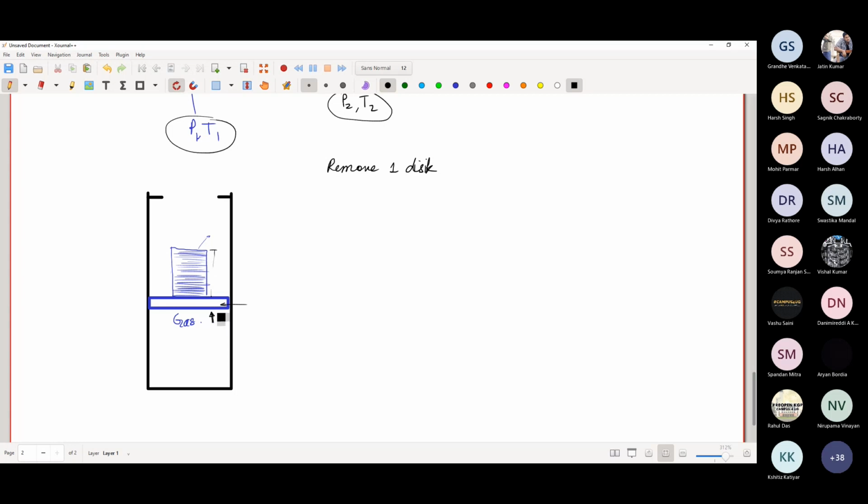How does pressure reduce? When volume increases. For a gas, you can cause the pressure to reduce when the volume increases. And how will the volume increase? When the piston tries to go up. So the piston moves up ever so slightly.